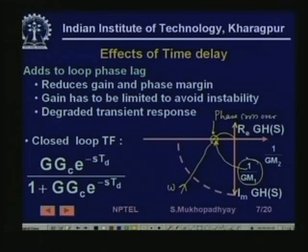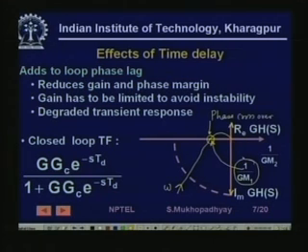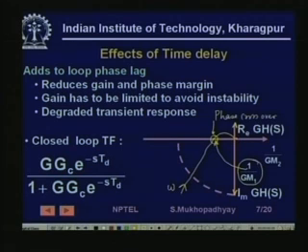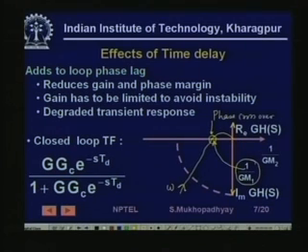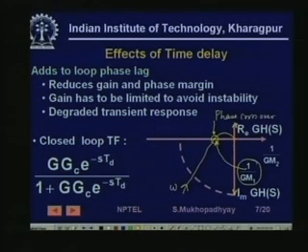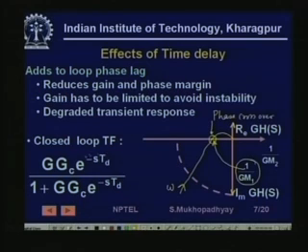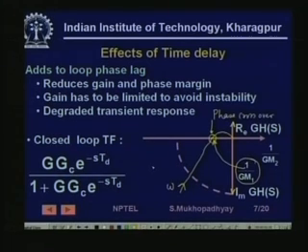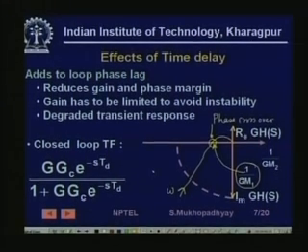This is that of the loop without delay. Now if you have a loop with delay, then what happens? At every frequency the magnitude will remain the same, and a phase lag will be added.